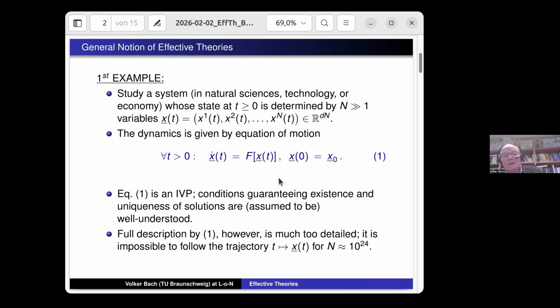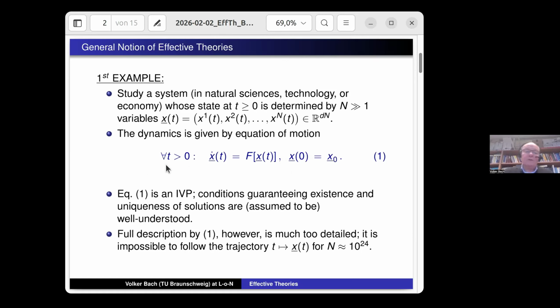For simplicity, all this could also be taken into account, but let me not do it. I want to convey the general idea. So x dot is f of x, and then we have an initial value at t equals 0, which is x naught.